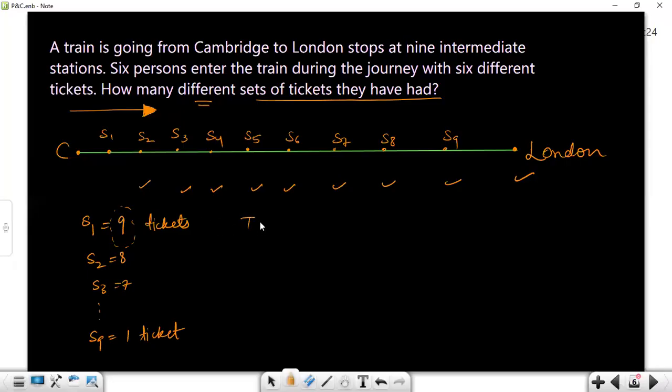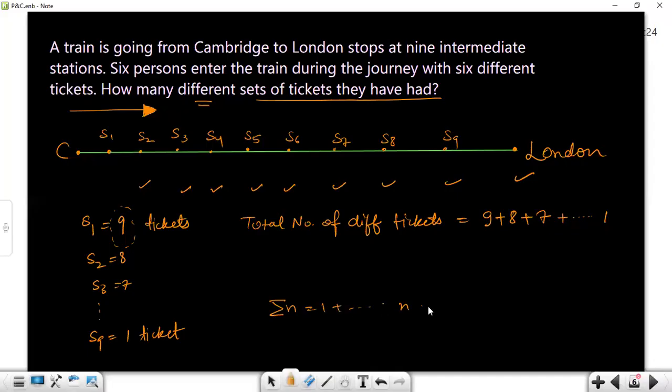So the total number of different tickets is 9 plus 8 plus 7 plus, and so on, till 1. So we know the formula of the sum 1 plus 2 till n, and that is n into n plus 1 by 2.